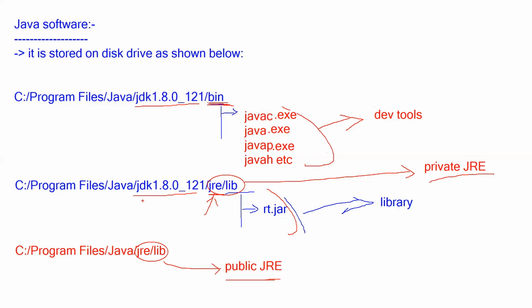All right. Now let us see another thing: the Java environment variables. What is an environment variable? There are two types of environment variables, system variables and user variables. By creating an environment variable, you will be updating the operating system with some details about Java. So what is the use of an environment variable?